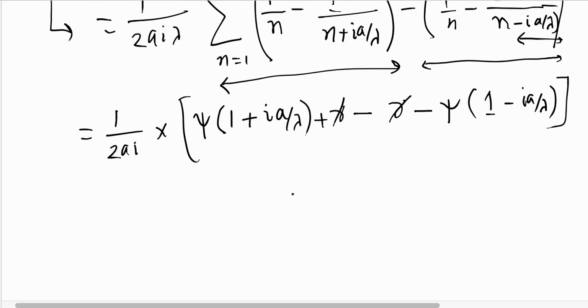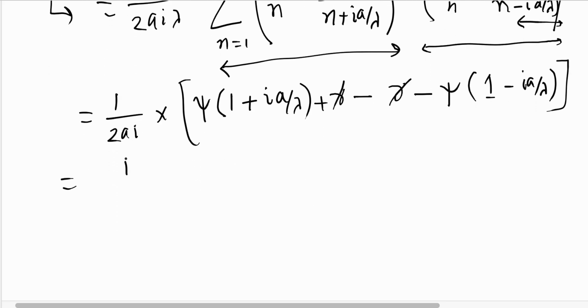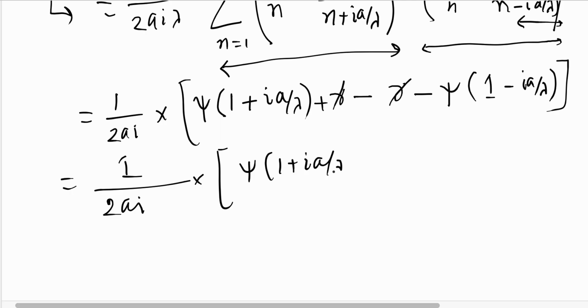So I got these two terms: psi of 1 plus ia by lambda minus psi of 1 minus ia by lambda.